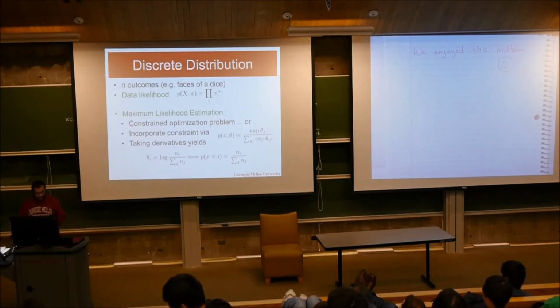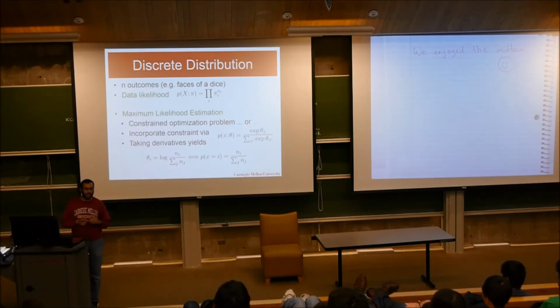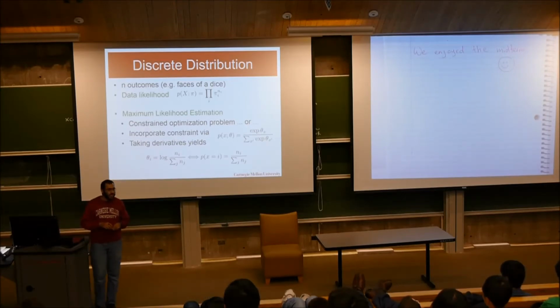Okay. So we want to do maximum likelihood estimation. So the parameter of our model is pi_i, right? And we can do MLE the way we did for linear regression. But this is a constrained optimization problem. Why?